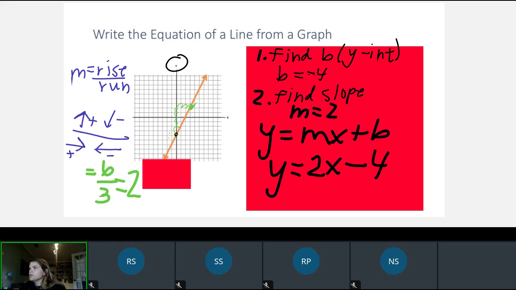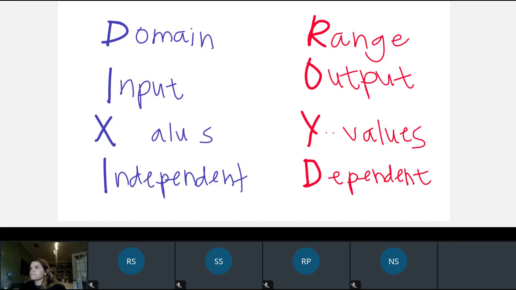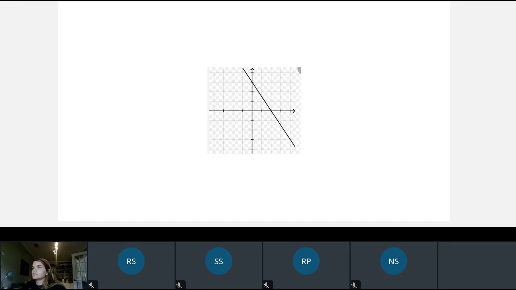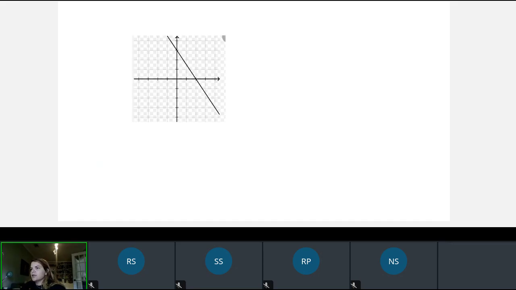All right, I want to do another one. I'm going to have to paste it on here because my grid did not show up. Okay, so here is another one.